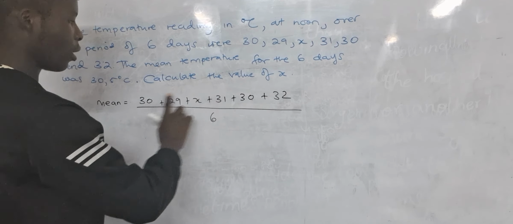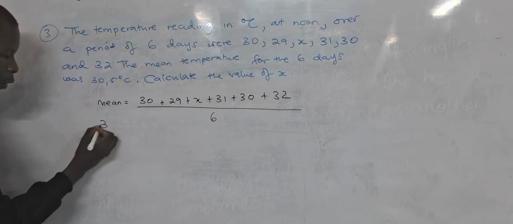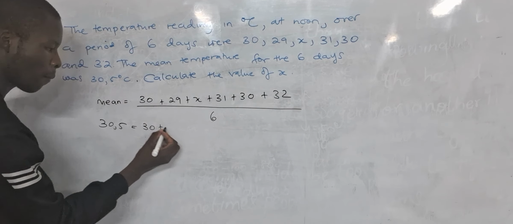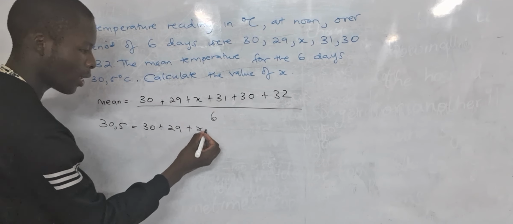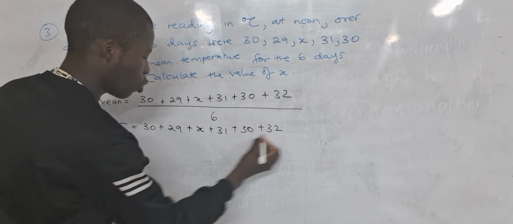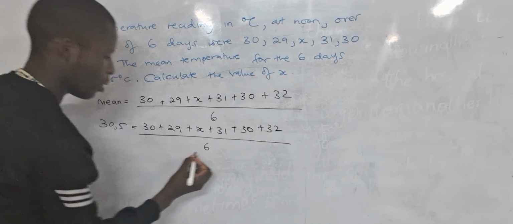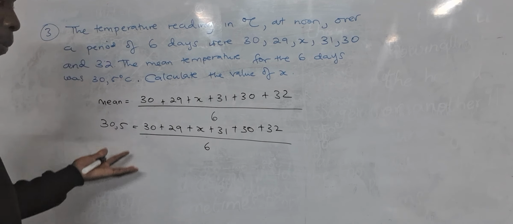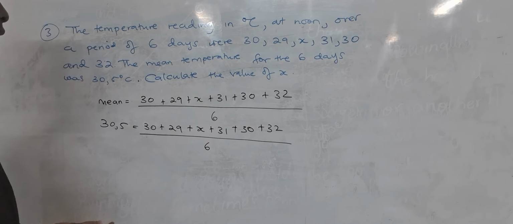The mean is given, which is 30.5. So 30.5 is equal to 30 plus 29 plus x plus 31 plus 30 plus 32, everything divided by 6. This is paper 1. You are not supposed to use your calculator, right?